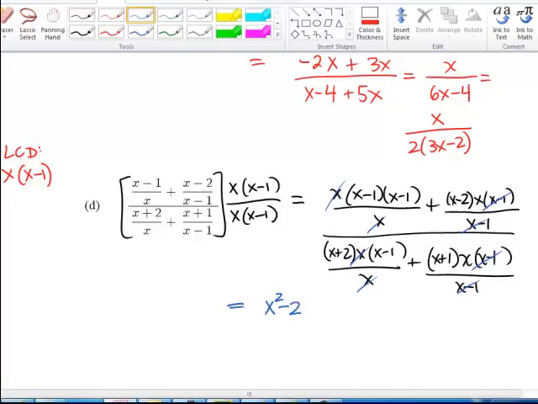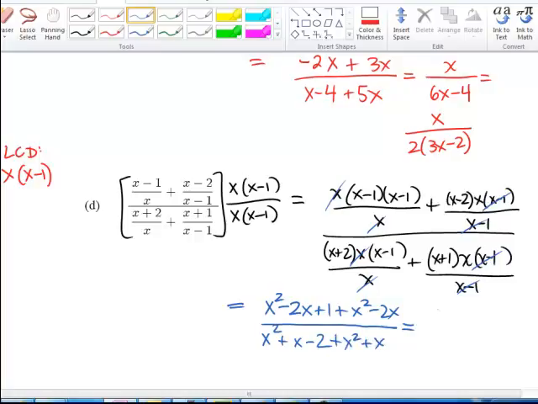So x squared minus 2x plus 1 plus x squared minus 2x over, that would be x squared plus 2x minus x, so plus x minus 2 plus x squared plus x.